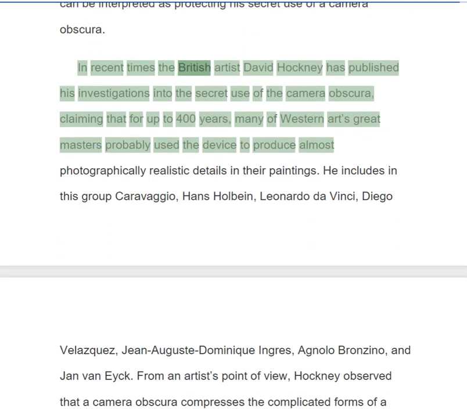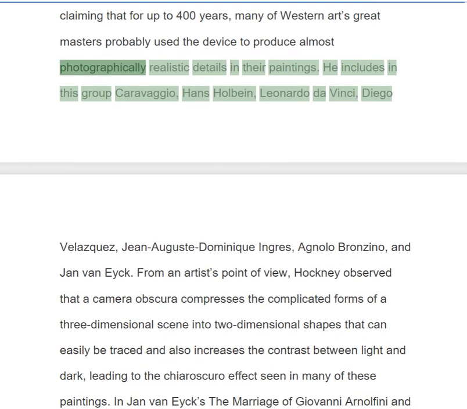In recent times, the British artist David Hockney has published his investigations into the secret use of the camera obscura, claiming that for up to 400 years, many of Western art's great masters probably used the device to produce almost photographically realistic details in their paintings.